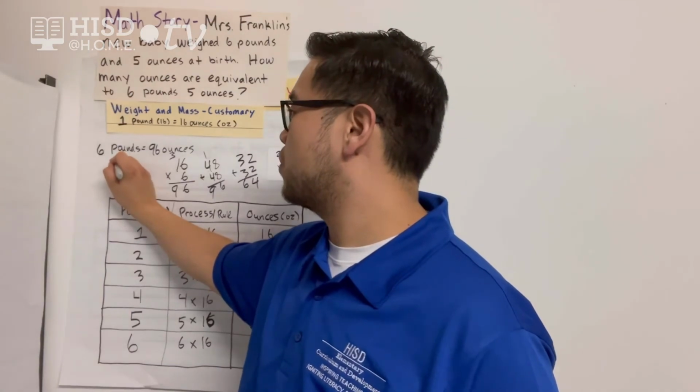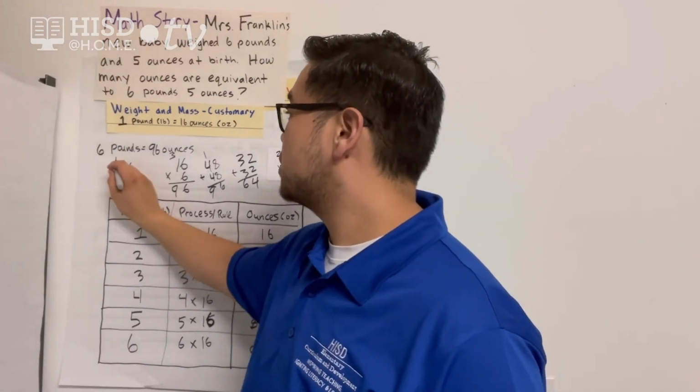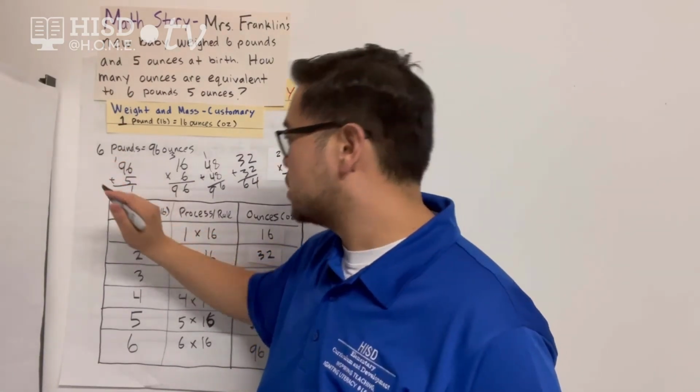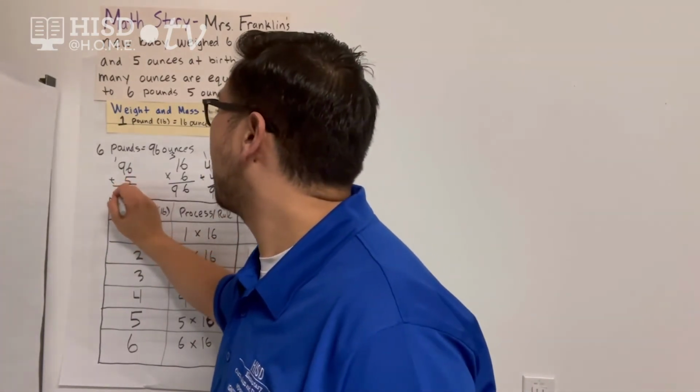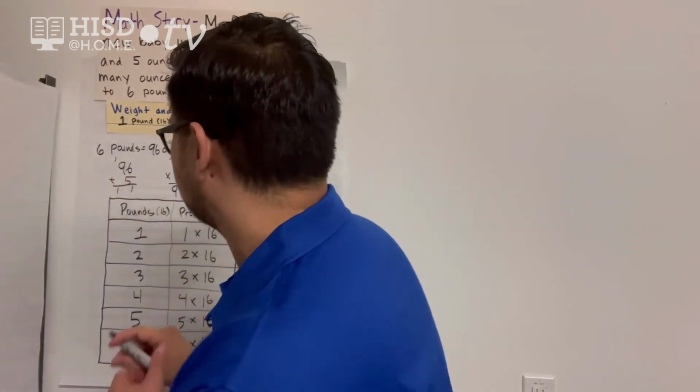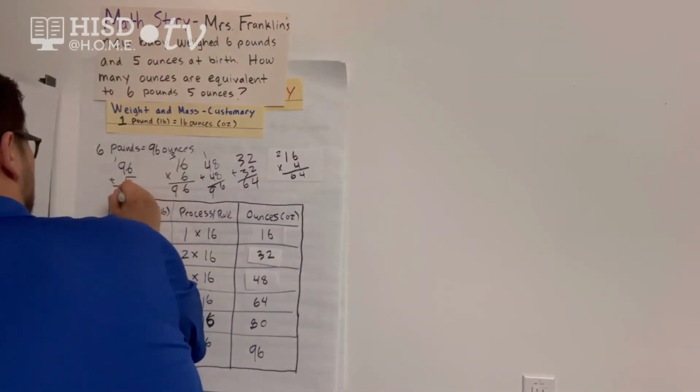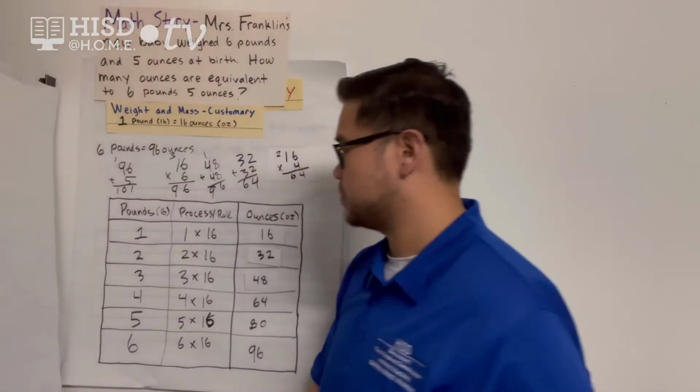Bring the 1 over, which is 10. 10 plus 9 gives us actually 101.